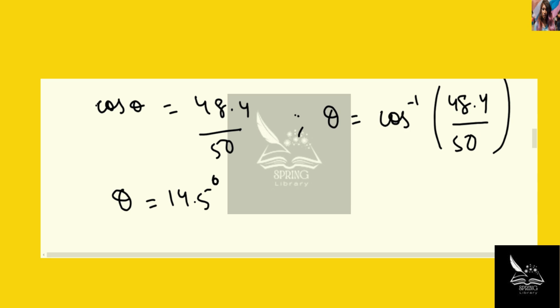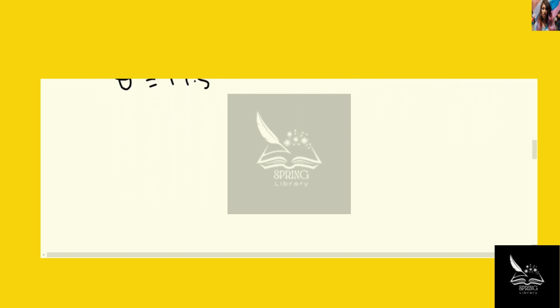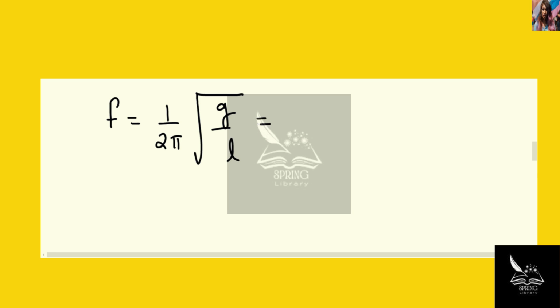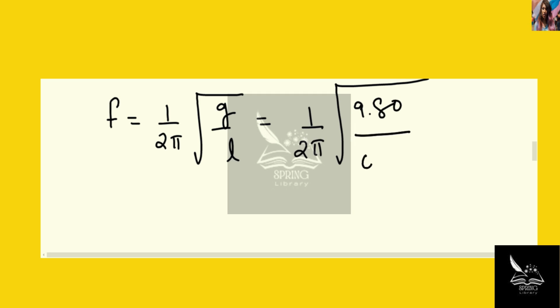And because we have a very small angular displacement, we have the formula for f. We have already written it, 1 upon 2 pi root of g upon L. That is 1 upon 2 pi root of 9.80 meter per second squared upon 0.500 meter, which equals 0.705 hertz.